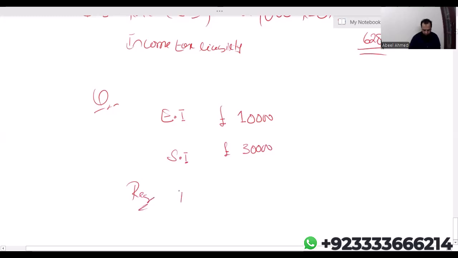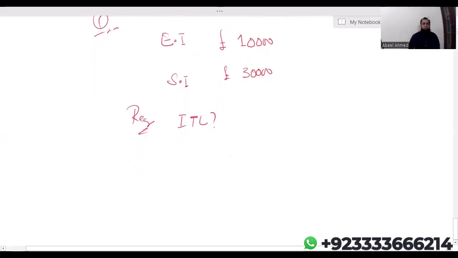Required income tax liability. Let's see how it works. Again, we have to make 3 columns, one for the non-saving, saving, and total. Obviously, employment income is a non-saving income. The second column is saving income.